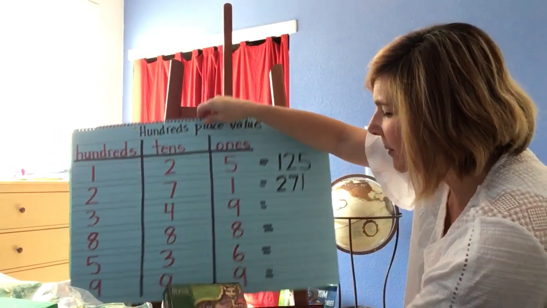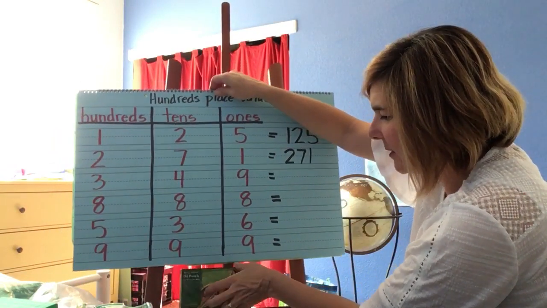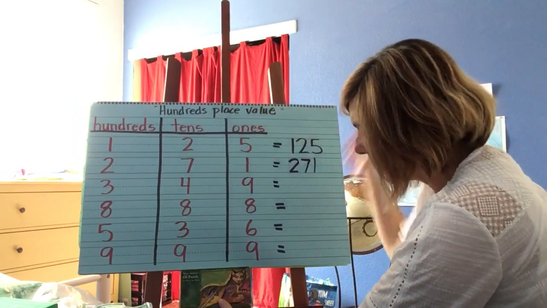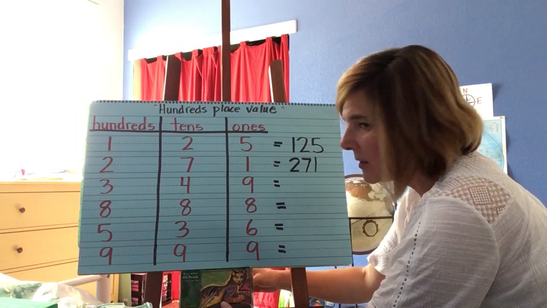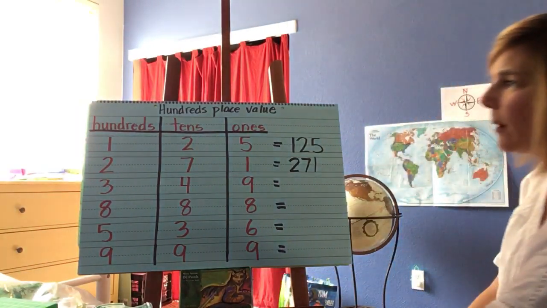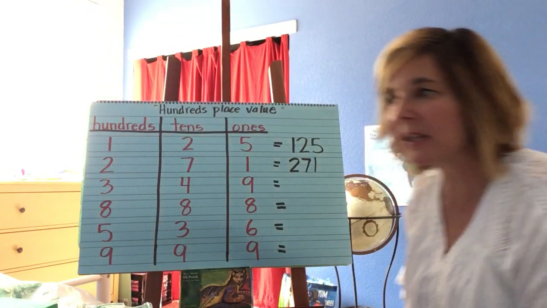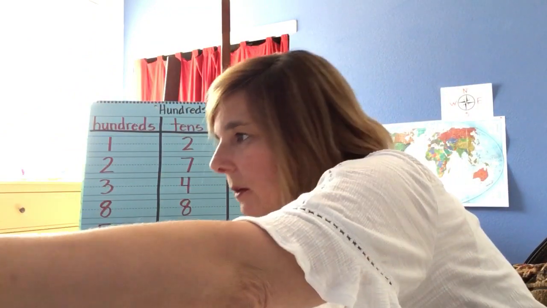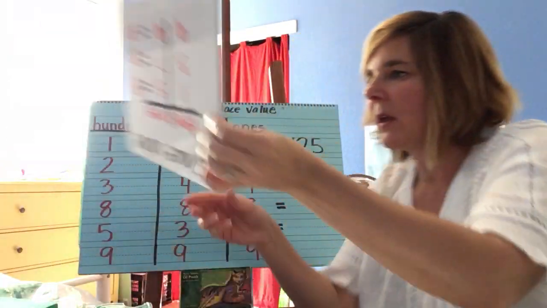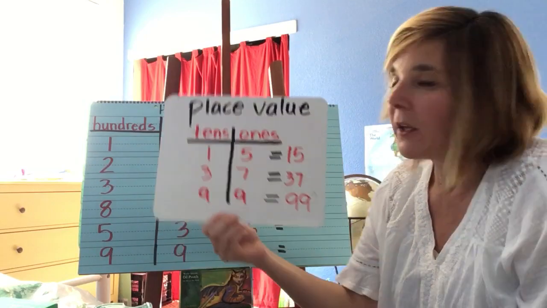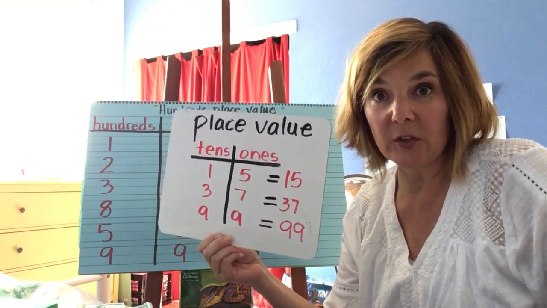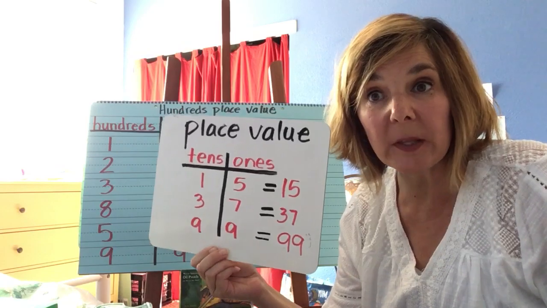Now we have place value to the hundreds. And I have my place value chart. How many digits does it take to write a number in the hundreds? It takes 3. Let's compare it to our other chart. To write numbers in the tens, you need 2 digits. You need 2 places.